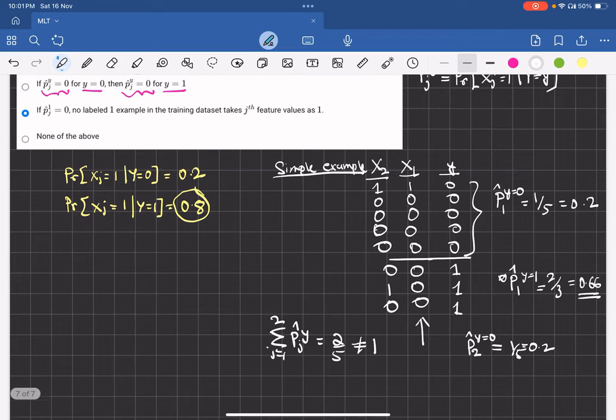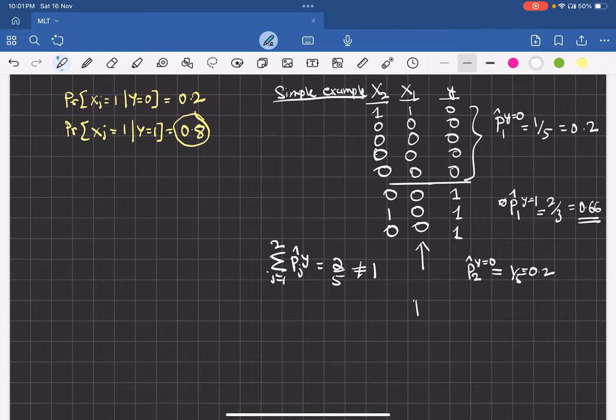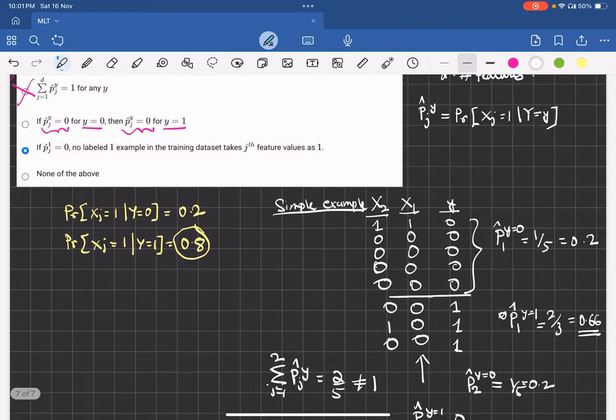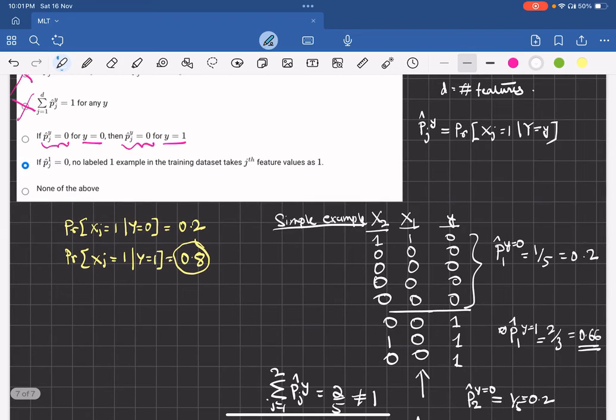So this means that p1 of y equal to 1 hat is equal to 0, right? But p1 of y equal to 0 hat is not equal to 0, because this is equal to 0.2, right? So again, we have a counter example where the third option also fails.